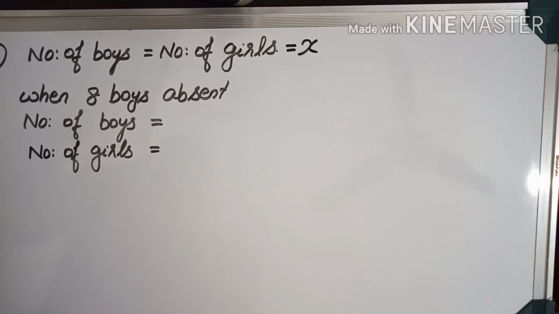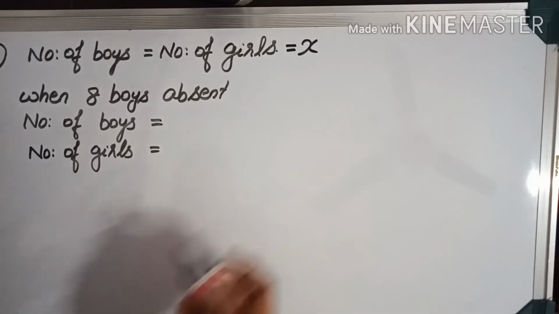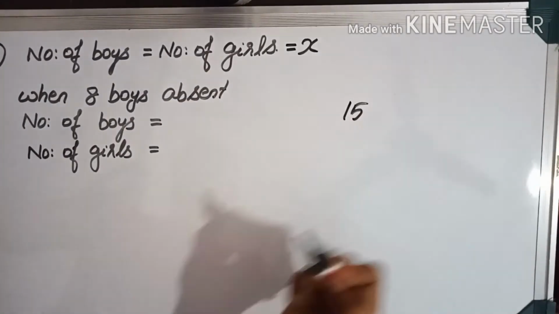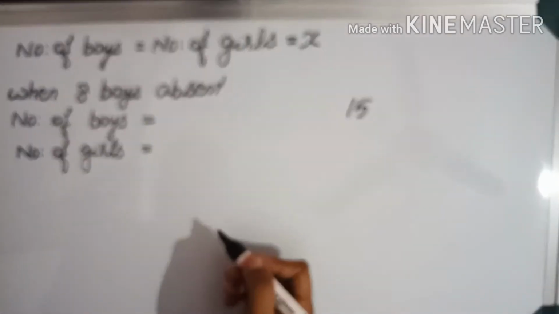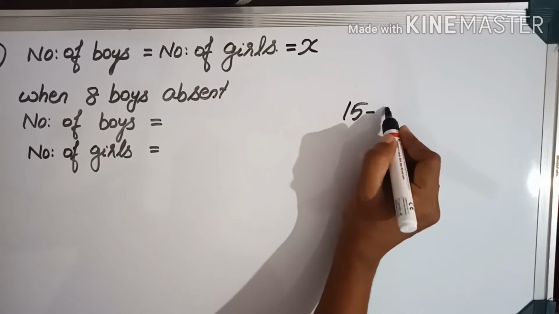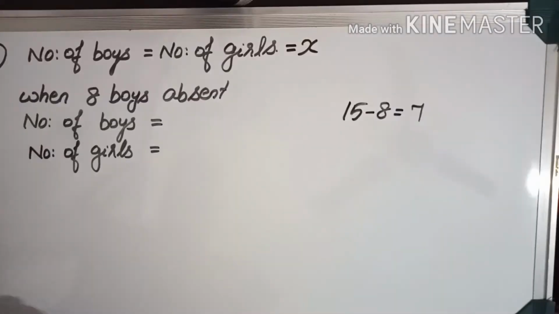In the next statement it is given that 8 boys were absent on a particular day. When 8 boys were absent, the number of boys on that day will be what? For example, if 15 is the strength of boys and 8 boys are absent, then 15 minus 8, that is 7, will be the number of boys present.